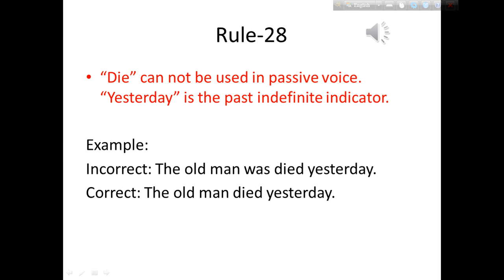According to the rule, as die cannot be used in passive voice, we have to make the sentence active to make it correct. So the correct sentence will be: the old man died yesterday.